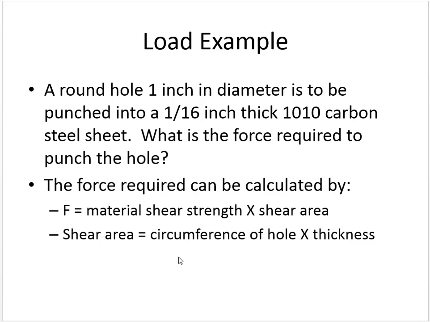So the shear area is the circumference of the hole times the thickness. And then the force is the shear strength of the material times the shear area. That's how you calculate the load it takes to punch out a hole.